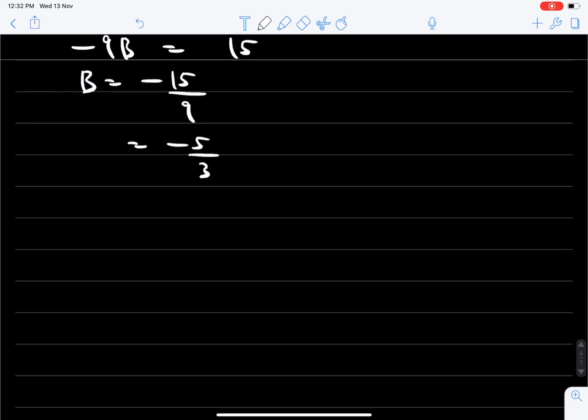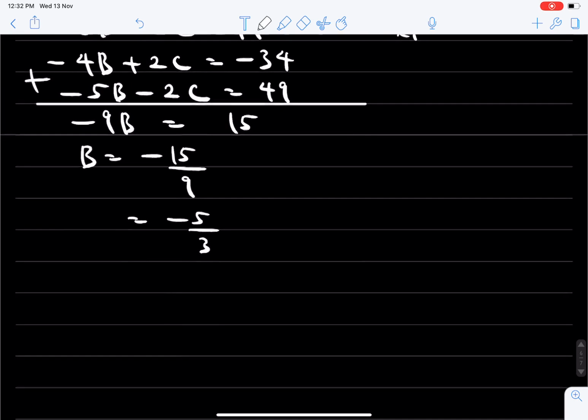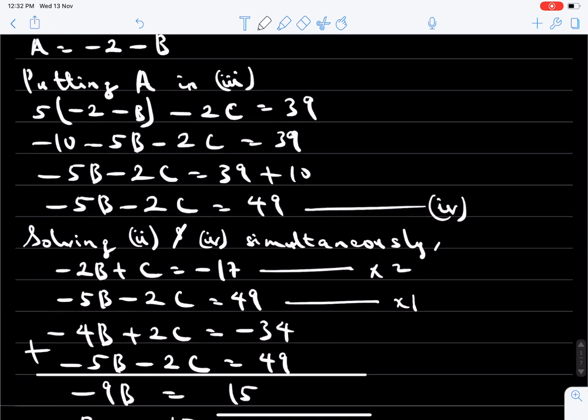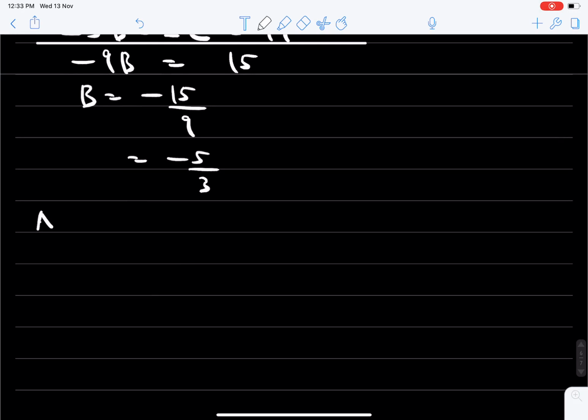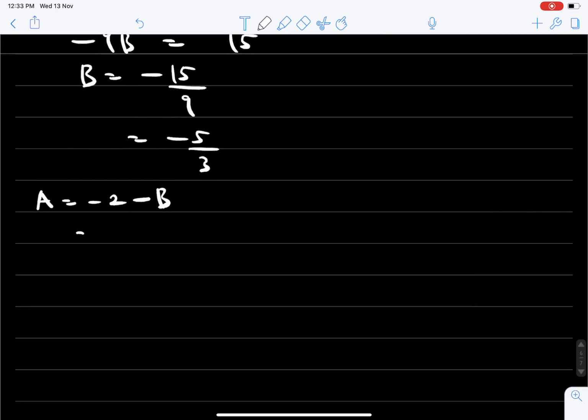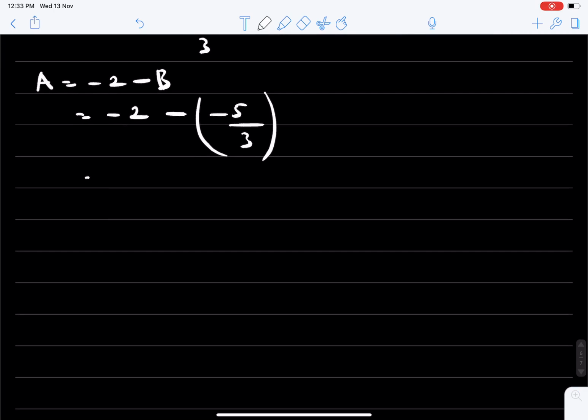And so, I already know that a is equal to minus 2 minus b. A equals minus 2 minus b. That means a is minus 2 minus minus 5 over 3, which means minus 2 plus 5 over 3.